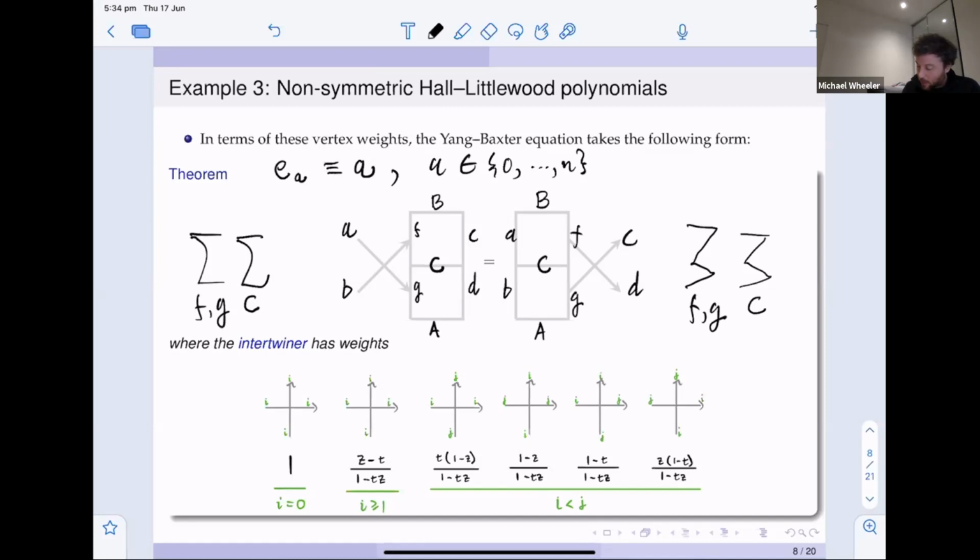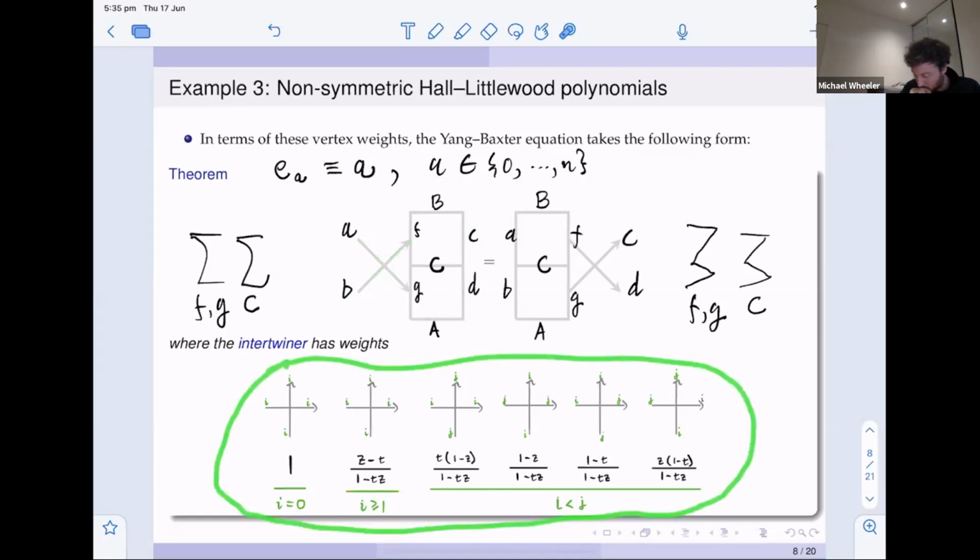So this is the Yang-Baxter equation. It has to hold for all choices of integers that you put on all of these external edges, all possible choices that you can fix. So it's actually not one equation, but lots and lots of equations. The weight of a cross is given by this little table below.